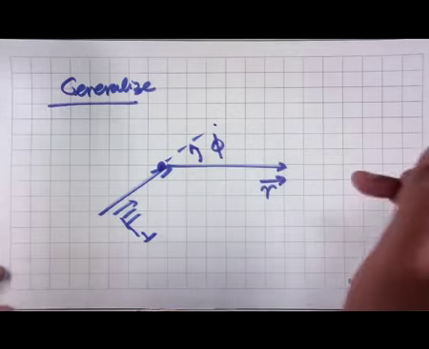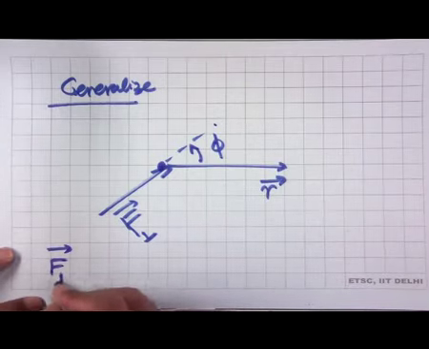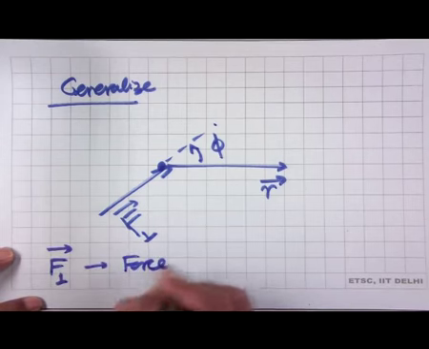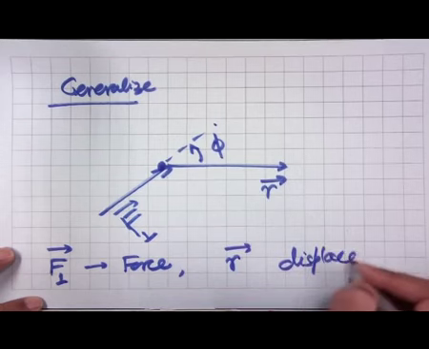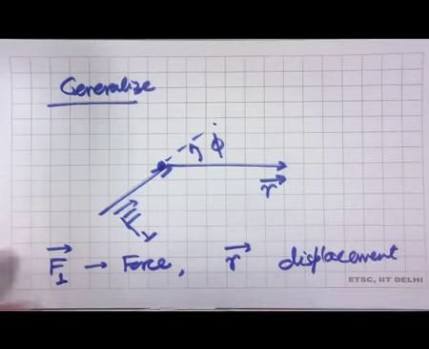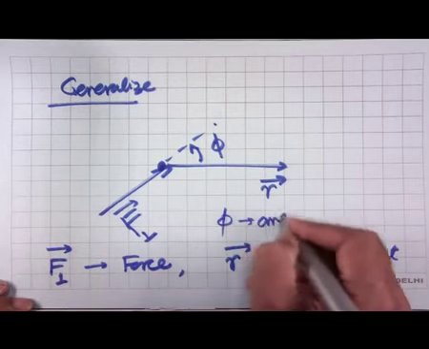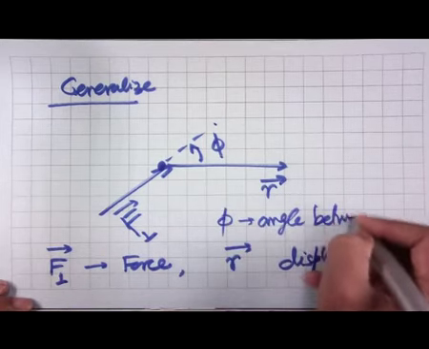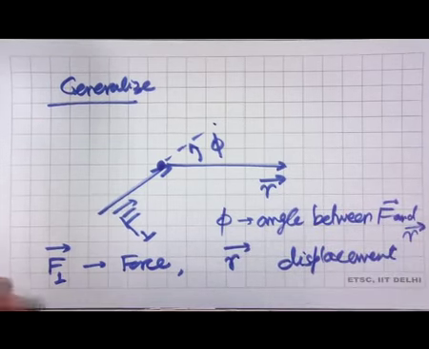Now, for a general case we have three quantities: the force F1, the displacement R, and the angle phi between F and R, where F and R are known vectors.